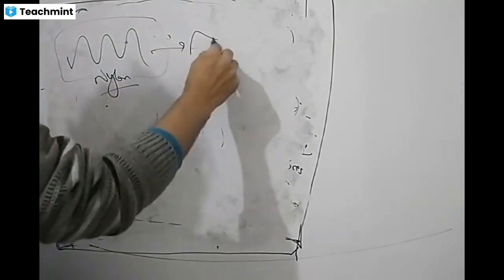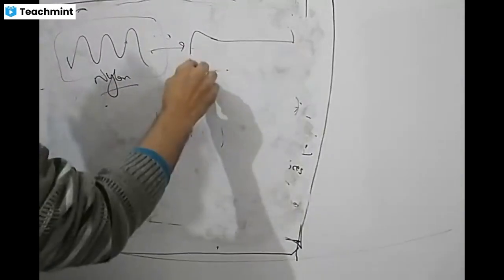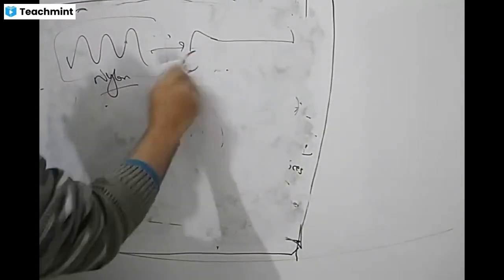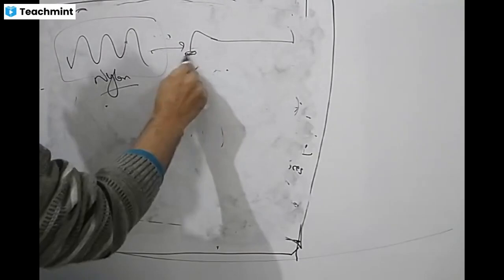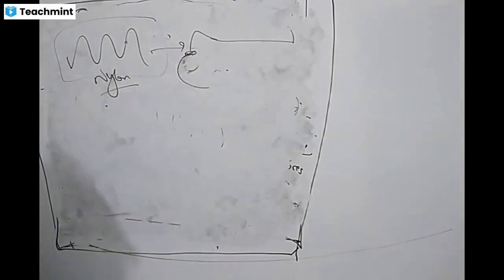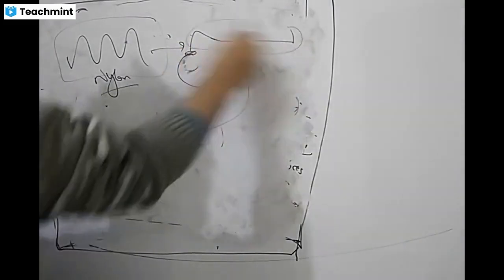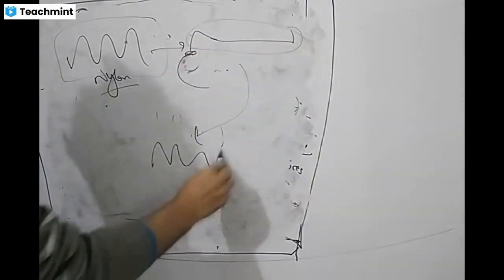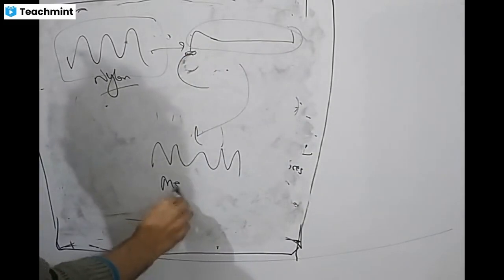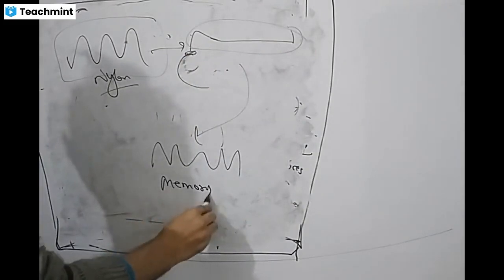You open it, make it straight, and apply your needle. Then this part of the suture material will again become like this. This is known as memory.